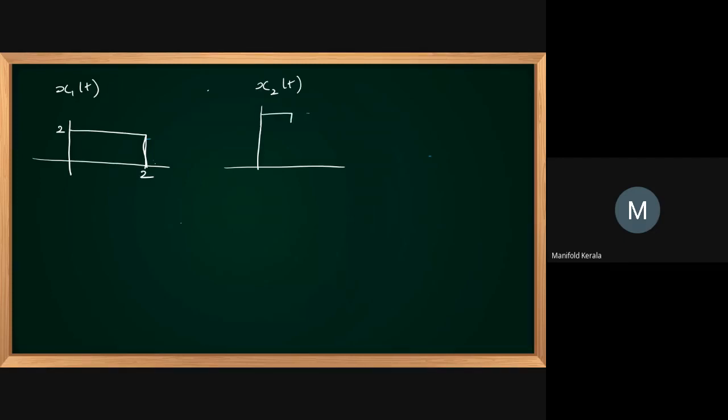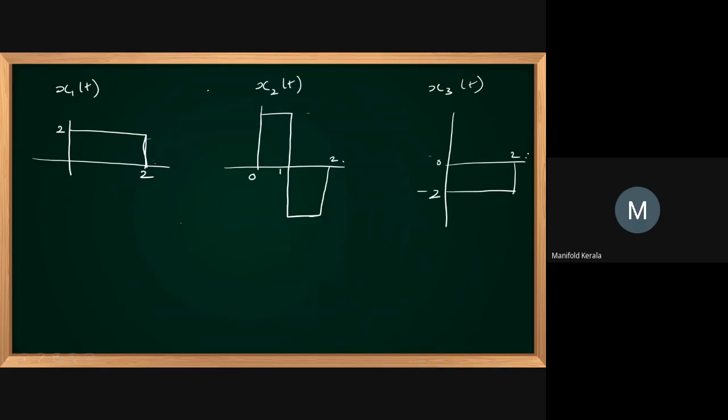I'll mark it like this. So this part is 0, 1 and 2. And h3 of t is another signal which is having an amplitude of -2, from 0 to 2.